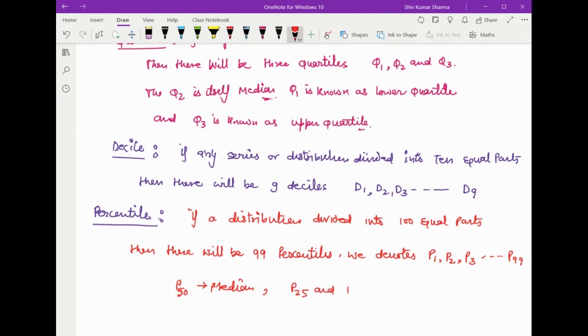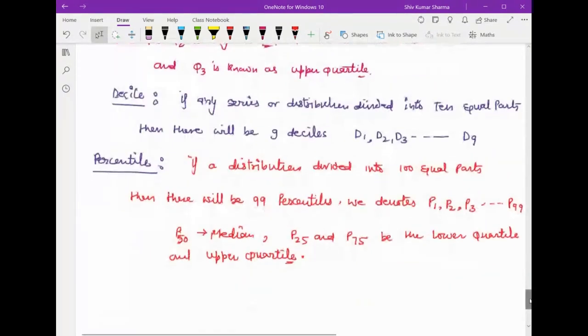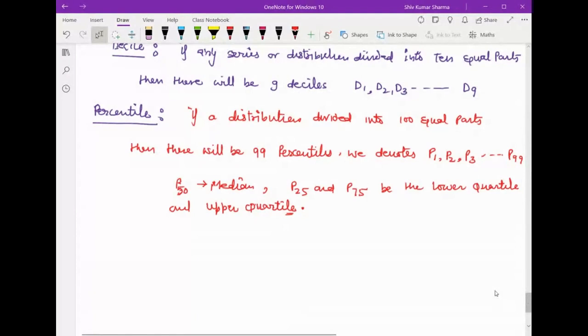P25 and P75 are the lower quartile and upper quartile. So P25 and P75 are the lower and upper quartile, and P50 is the median.